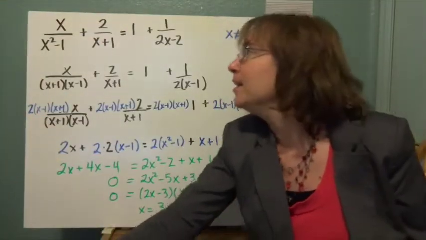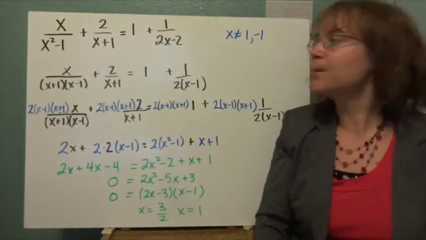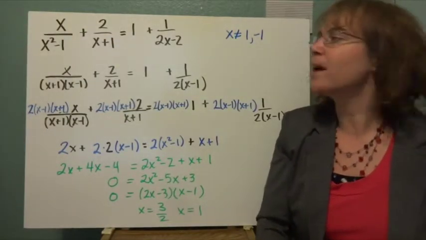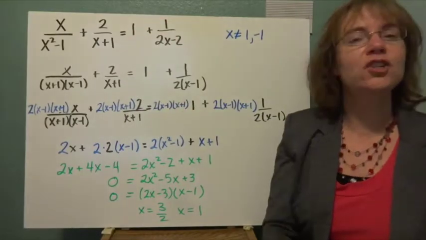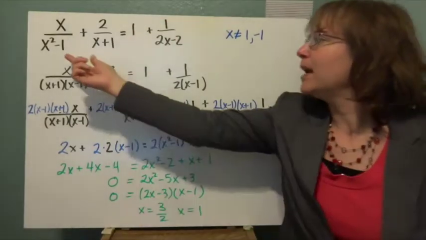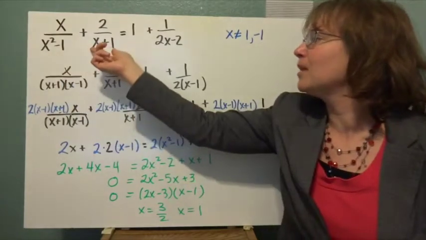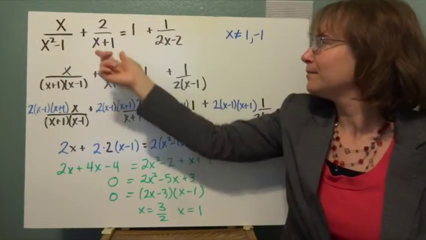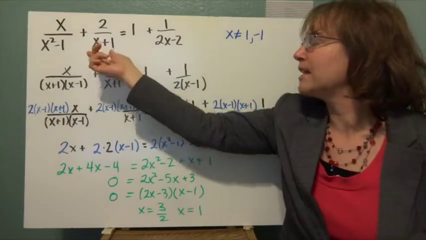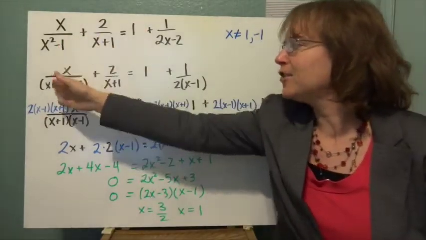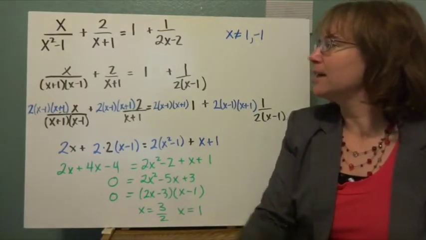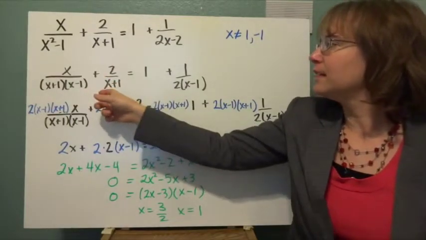Looking at another one, we have x over the quantity x squared minus 1 plus 2 over the quantity x plus 1 equals 1 plus 1 over the quantity 2x minus 2. Now right away I can tell that x cannot be equal to negative 1 in either this case or this case, but it's easier to see if we put it in factored form. So factoring, I have x plus 1, x minus 1, and then here doesn't factor.